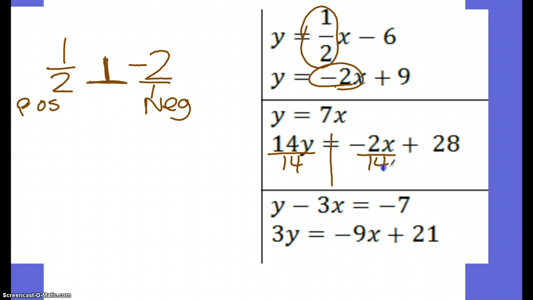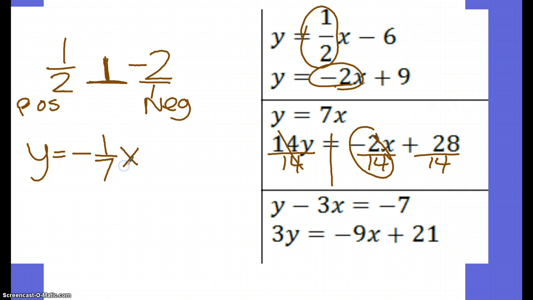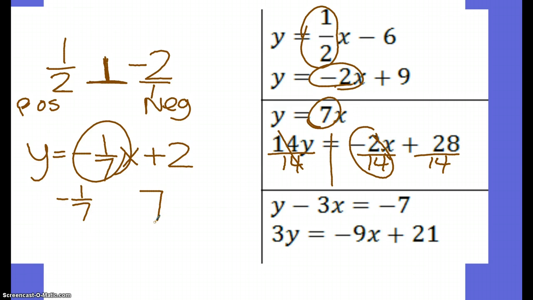The next one, we need to get rid of the 14 first here. So we'll divide out 14. So y equals 2 over 14 reduces to 1 over 7. 28 divided by 14 is 2. So I'm looking at 7 and negative 1/7. We're comparing to 7.